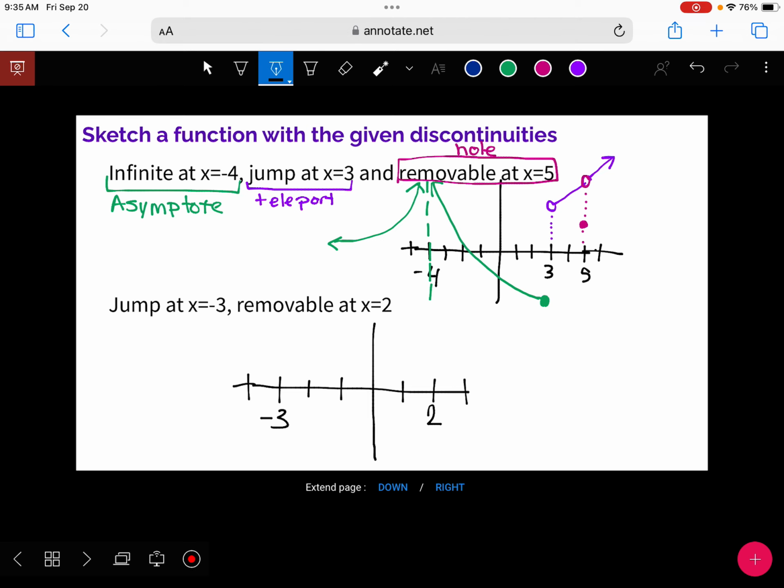So our jump discontinuity, that's when we're going to have some sort of teleport. We're going to start with some function, and then it's going to switch at -3. So maybe I have a constant function, a horizontal line that goes to -3. That counts. It's a function. And then maybe it teleports all the way down here.